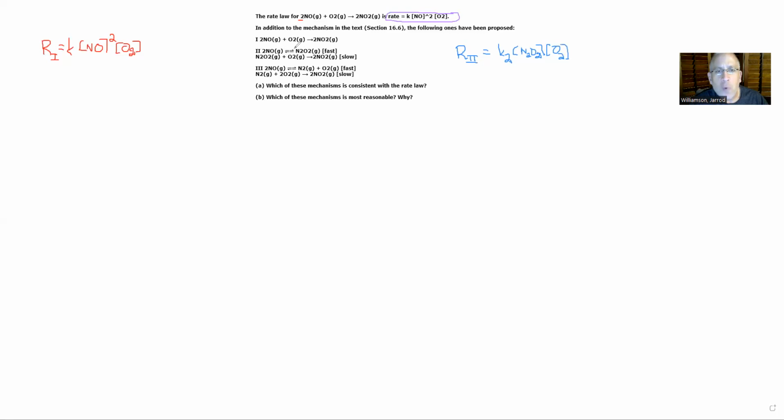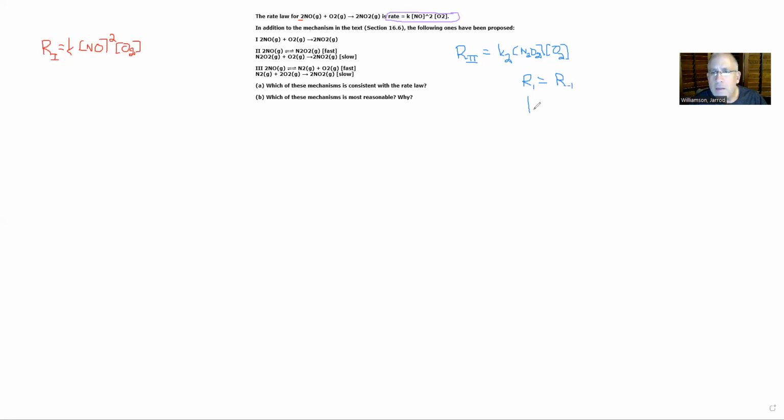That means the forward rate and the reverse rates are equal. So the forward rate of the first step is equal to the reverse rate of the first step.